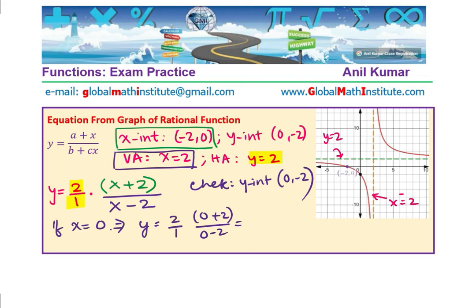Well, we do get minus 2. So that's a good checkpoint. Therefore, the equation which we have got is perfect, and we can say that our function is y equals 2 times x plus 2 over x minus 2. Make sense? Do you see how we got the equation? Now let's take it to the next page.